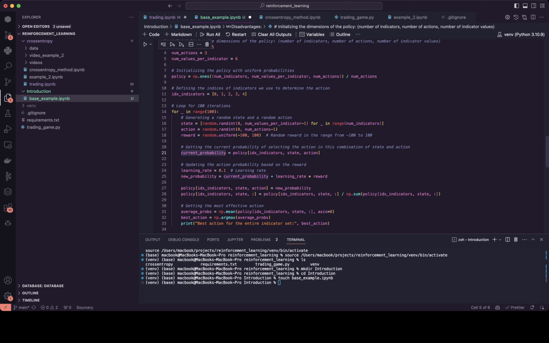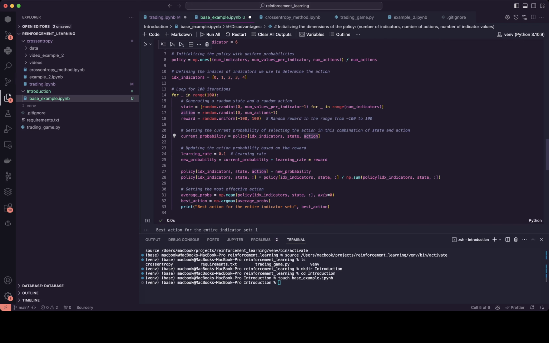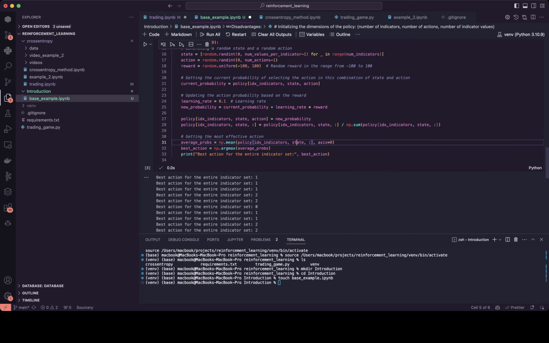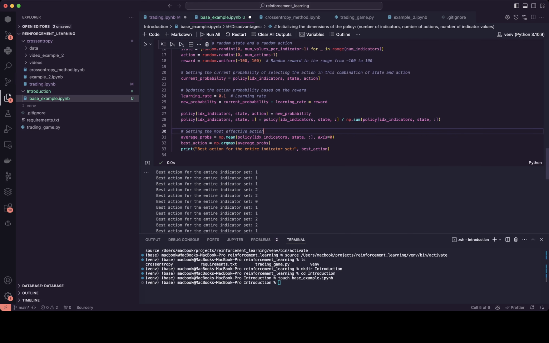Okay, then we calculate our current probability. It's the same index of indicators. The key would be the state and what the action is. Then the same learning rate, and we compute our current probability plus learning rate multiplied by reward, and then we update our policy. Then we do normalization of our policy because the sum of probability should be 1, and then we need to calculate what is the most effective action inside this state.